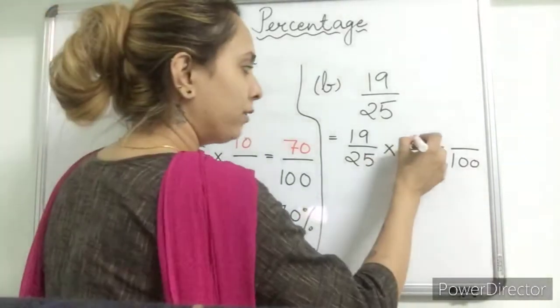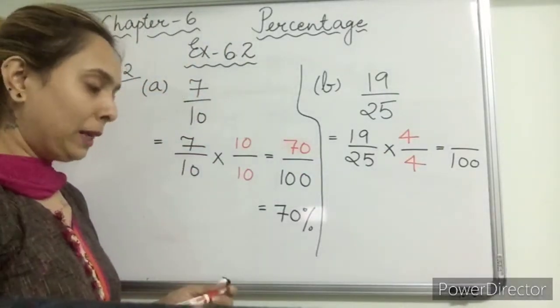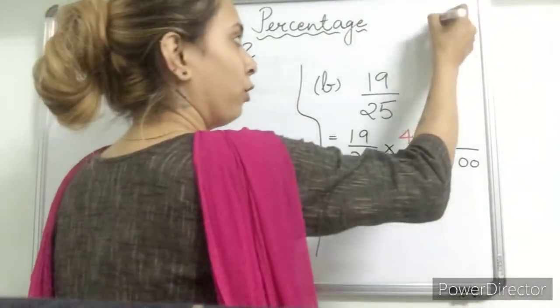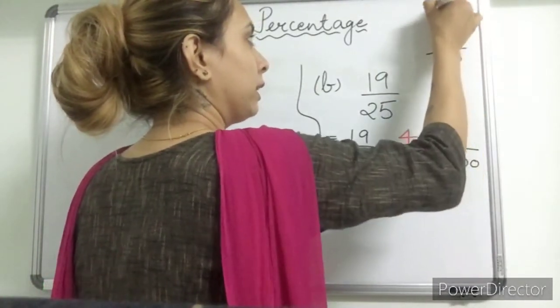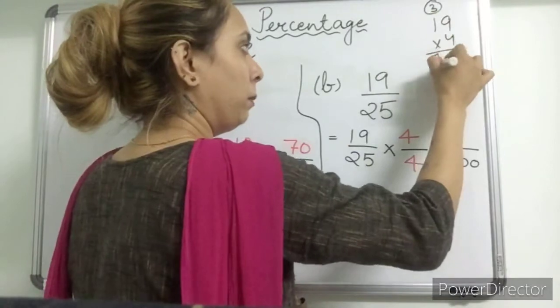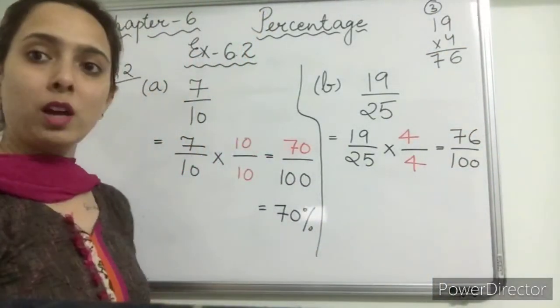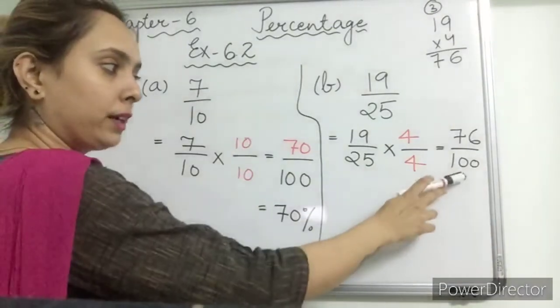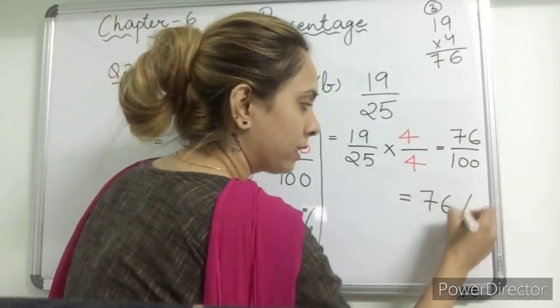Now this 19 will also be multiplied by this 4. Now multiply this 19 by 4. 9 4s are 36, 4 1s are 4 plus 3 is 7. So 76. 76 upon 100. Now our denominator is 100. So our percentage will be 76%.